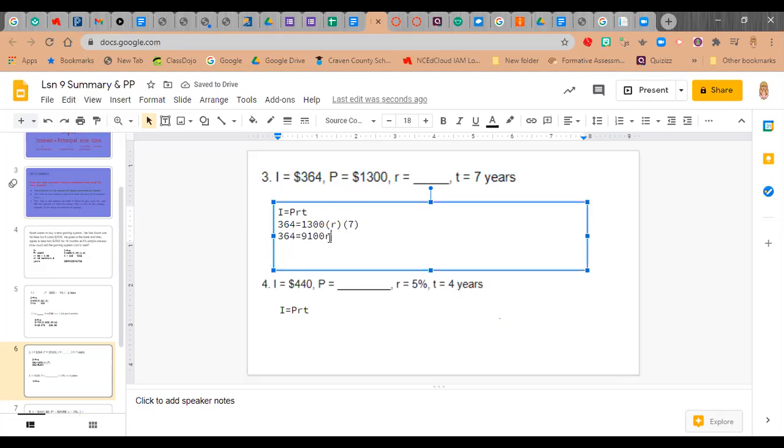So how do we solve for R? Well, what's connected to the R? 9,100. How is it connected? Multiplication. So we are going to use division. I'm going to divide both sides by what?